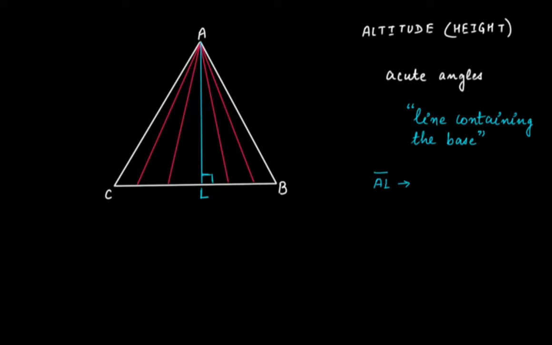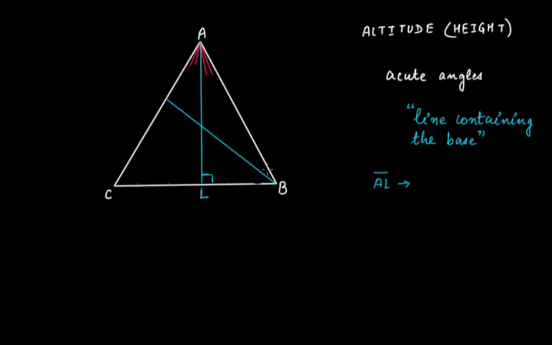let me remove this first. So if I draw the same thing from this vertex B, on this side AC that is opposite to this vertex B, if we draw an altitude even from this one, let's say that it's something like this.